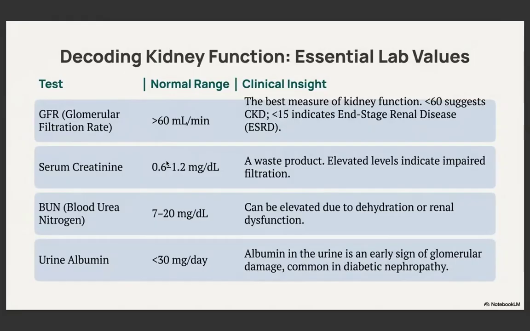A really great way to remember your GFR is think of it as how well your kidneys are perfusing. So if you have CKD, your kidneys are not going to perfuse as well. So you're going to have a lower GFR. Now, the normal range is technically above 60, but in a very healthy adult, it's going to be above 90.